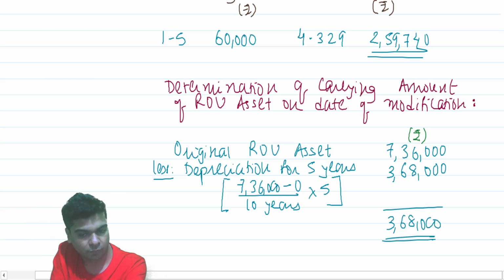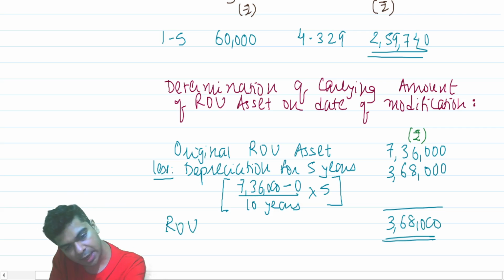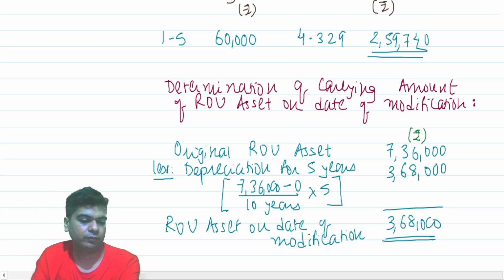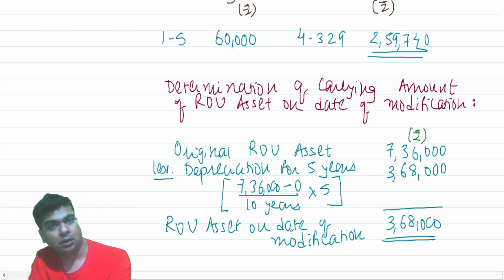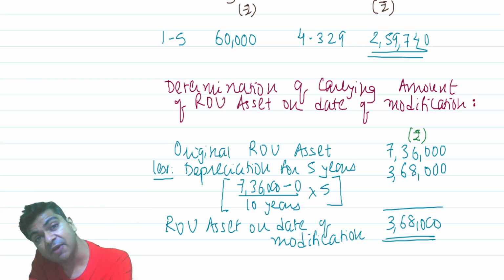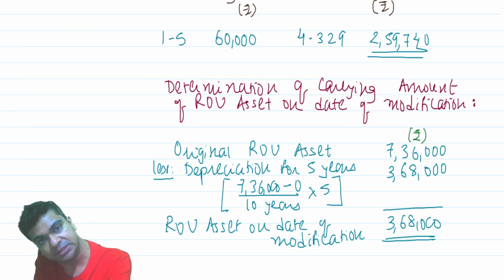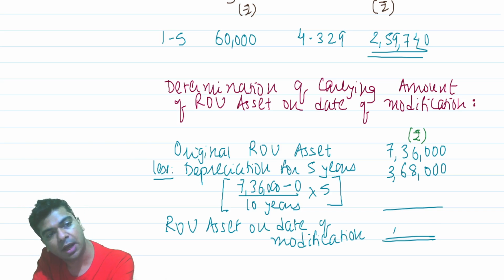ROU asset on date of modification: 3,68,000 is reflecting 5,000 square meters. Now the revised reality is that your lease is only for 2,500 square meters. There is a reduction of 50%. So that thing should now settle in.